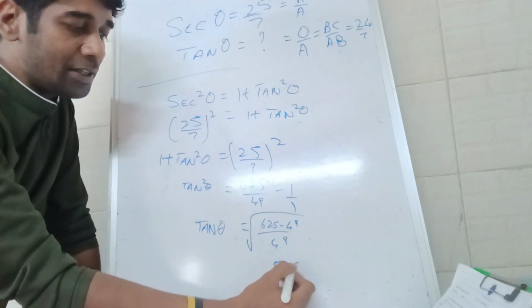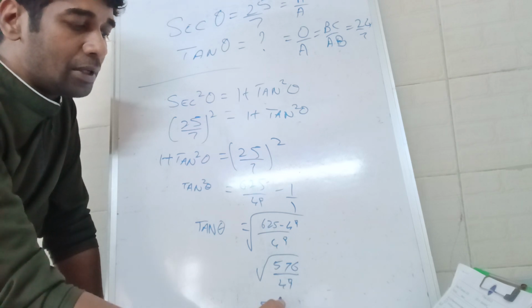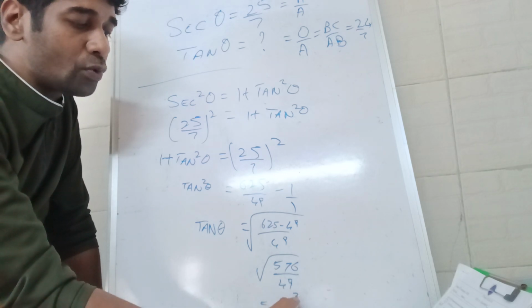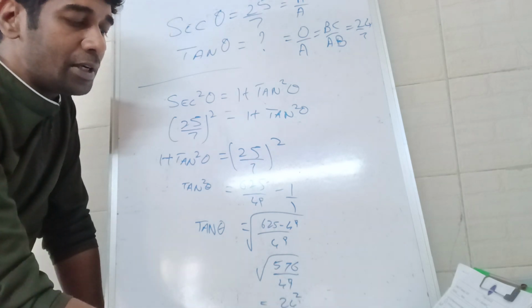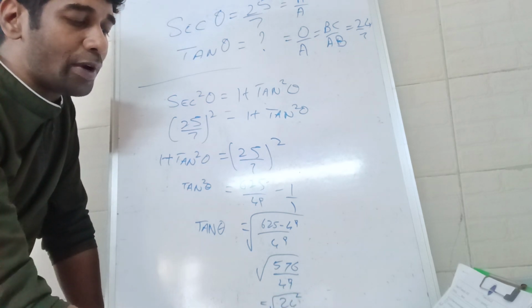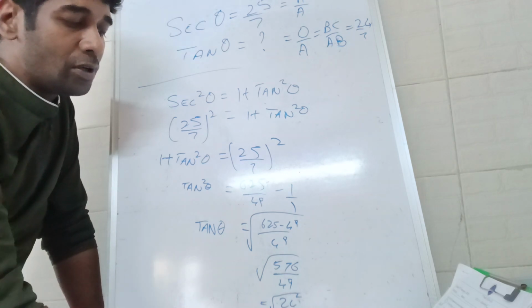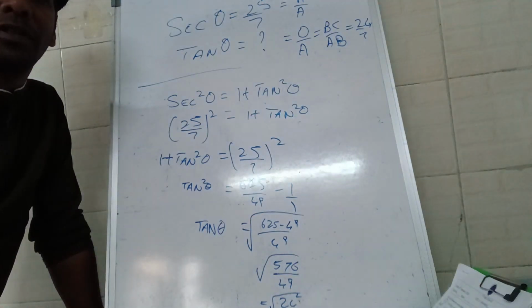This will be 576 upon 49, that is 24 square upon 7 square. Taking square as common, 24 upon 7, the whole square. The square root will be cut off now. So the answer will be 24 by 7.